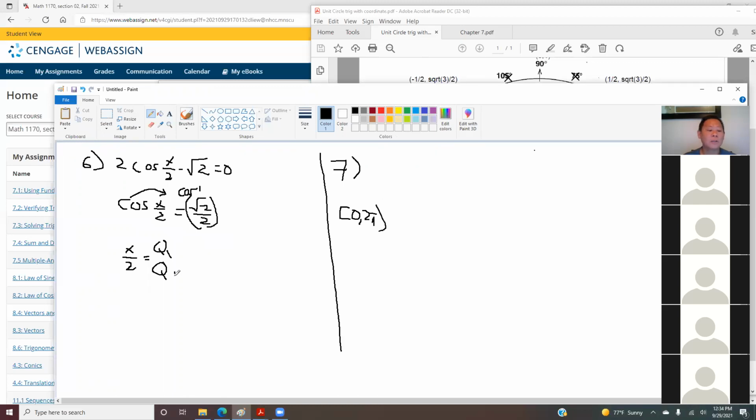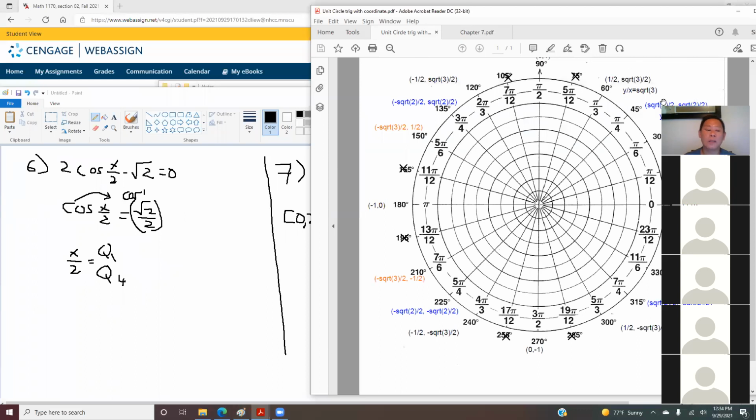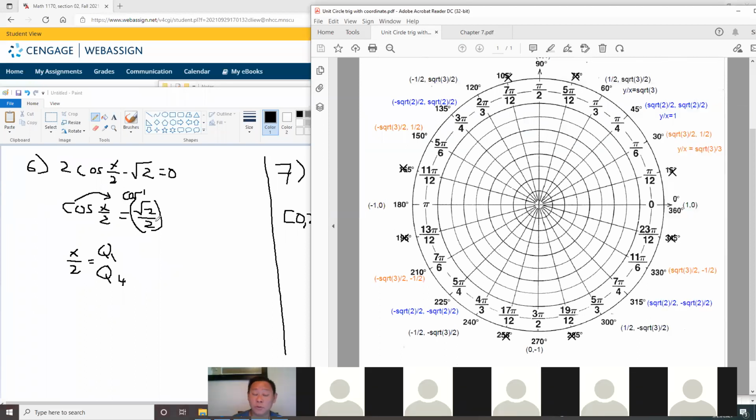Yes, that's correct. So looking at your unit circle, you should know what root 2 over 2 is. Cosine is your x for quadrant 1 and quadrant 4. 1 is here, 4 is down there. So what is that going to be?